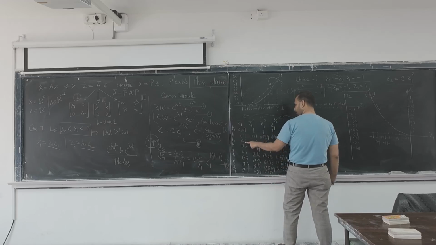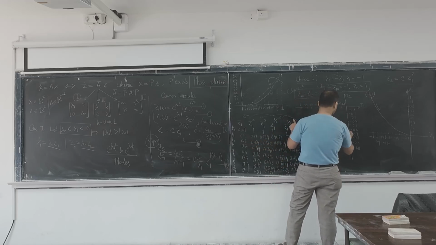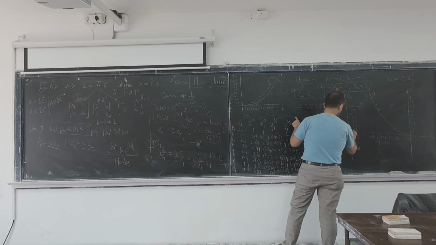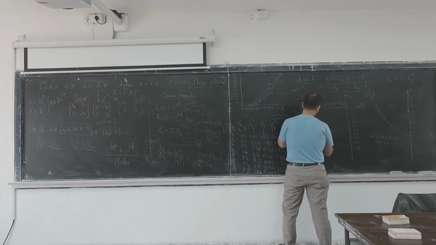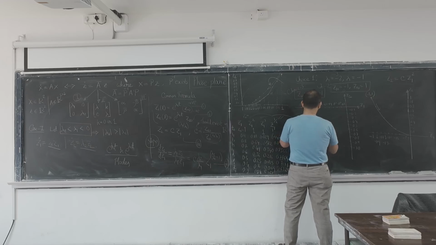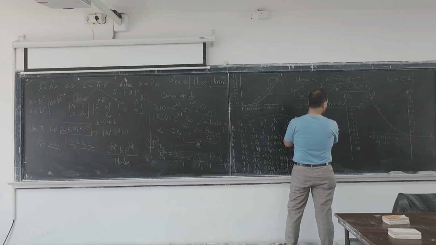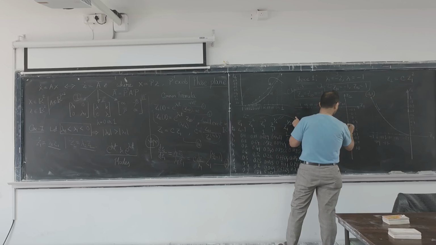Then for -0.8 it will be -0.64. For -0.7 it will be -0.49.